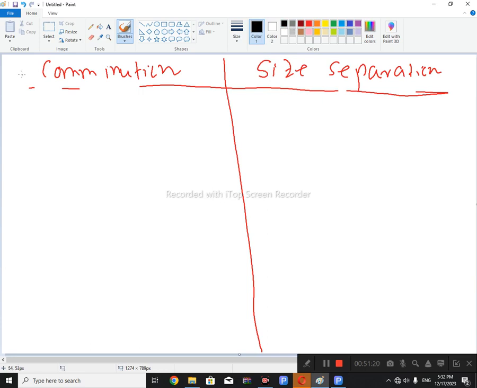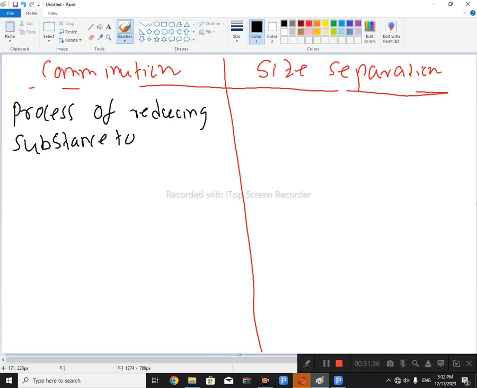Combination is the process of reducing a substance to smaller particles.